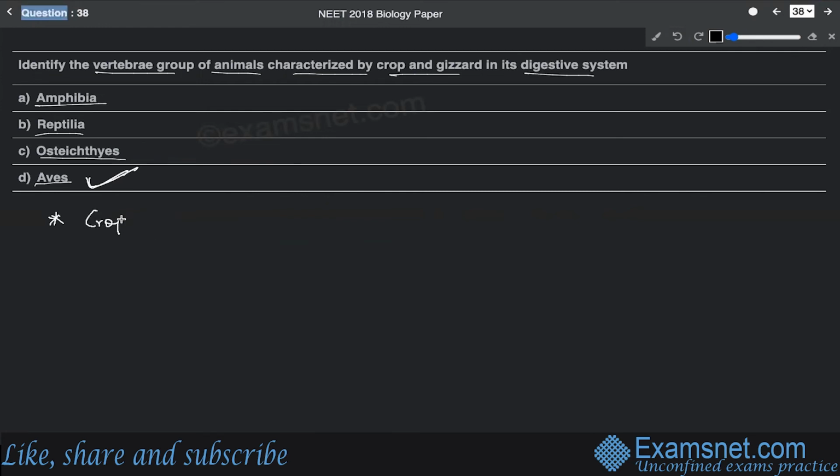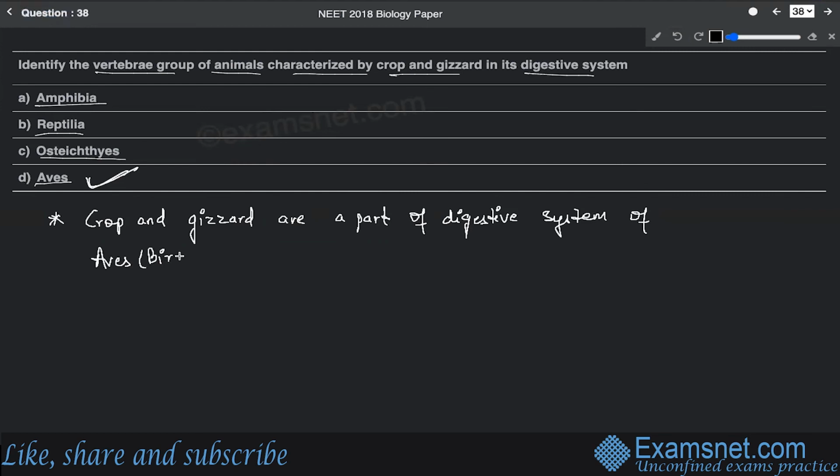Crop and gizzard are a part of the digestive system of aves, which are birds.